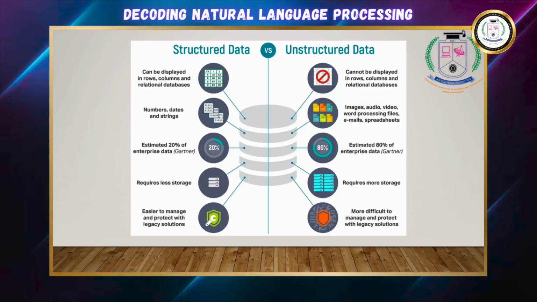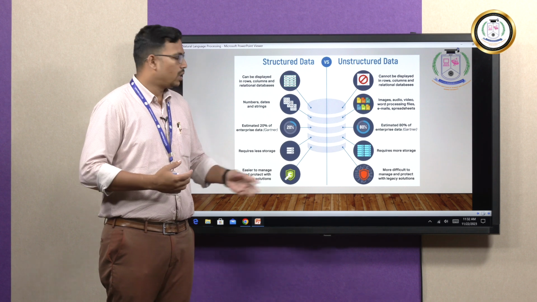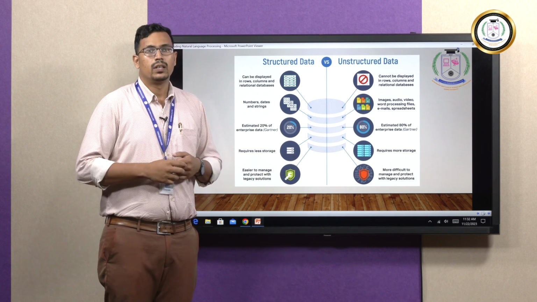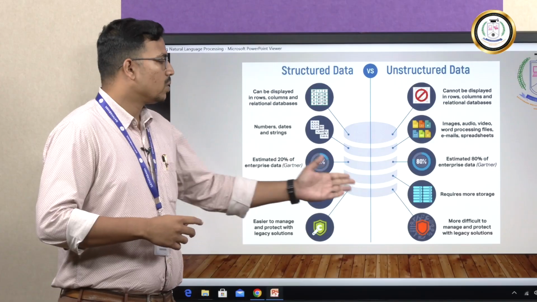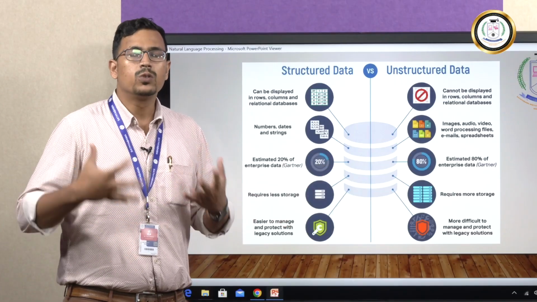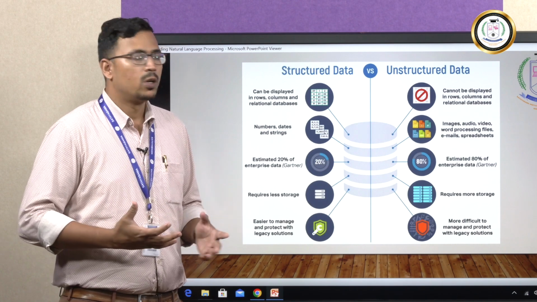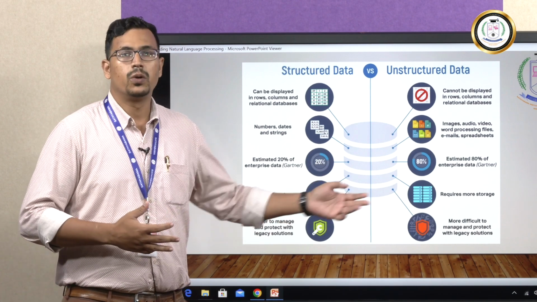A major challenge of unstructured data is storage. It requires more storage, and security with legacy solutions is also challenging. That is why nowadays cloud solutions are becoming more popular to solve these storage and security concerns.